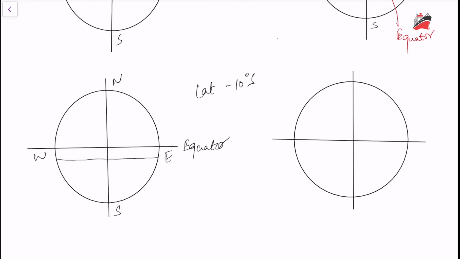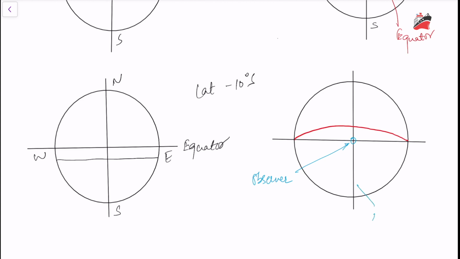If I draw it here, I have to incline the earth from the south pole, tilt the earth from the south pole. So the equator will be a curved line, and here is the observer.